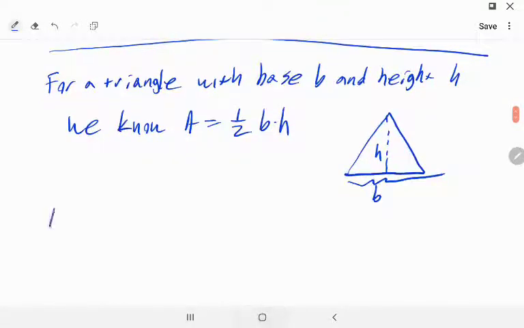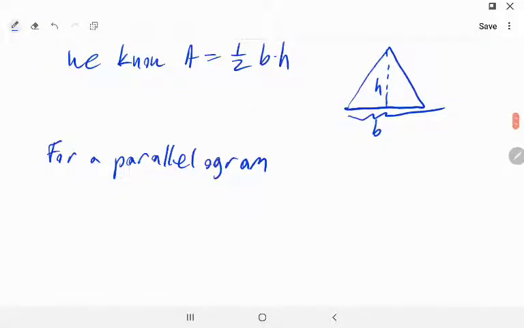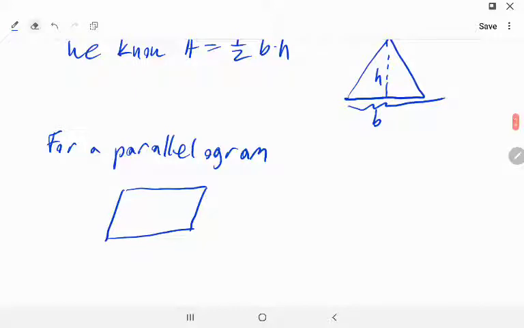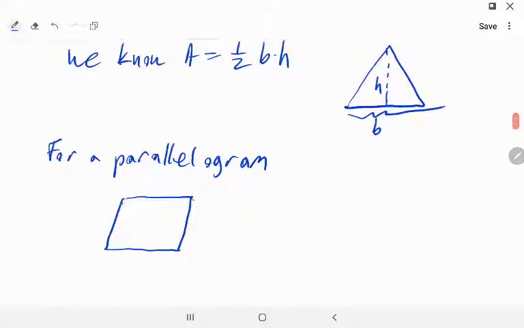We notice that for a parallelogram, we can, let's redraw that parallelogram. For a parallelogram, we can imagine taking that triangle at the end and moving it over to the right side.